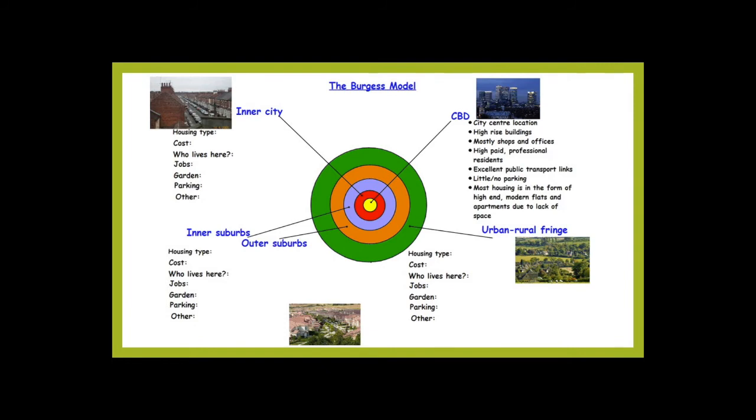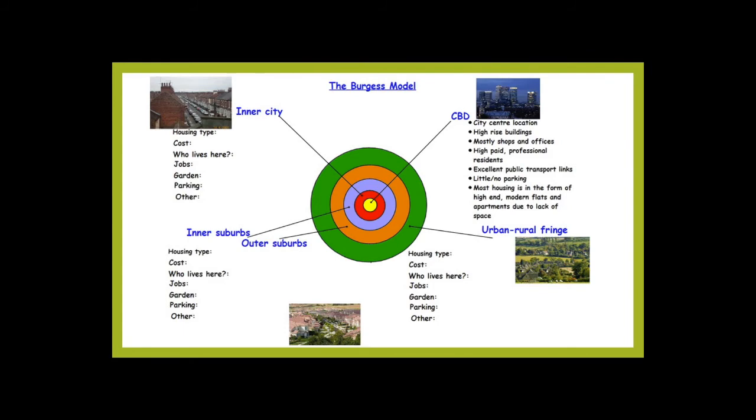You've got excellent public transport links, so the fact that there's very little parking because it's such a crowded zone doesn't really bother anyone too much. You've got regular buses, regular trains, lots of services running, and it's your kind of young, hip lifestyle: happy hour bars, pubs, clubs, restaurants. It's very much the beating heart vibe centre of your Burgess model, of your urban area.